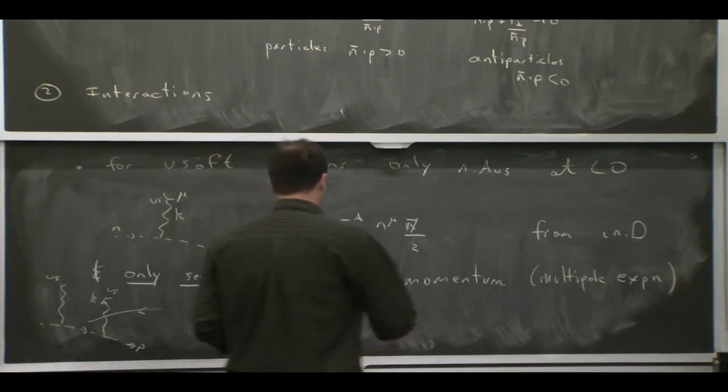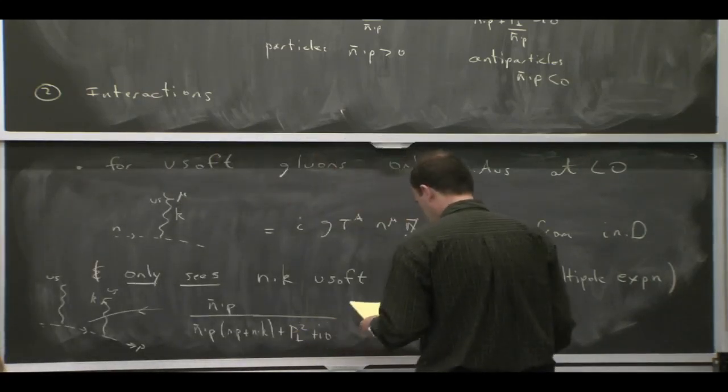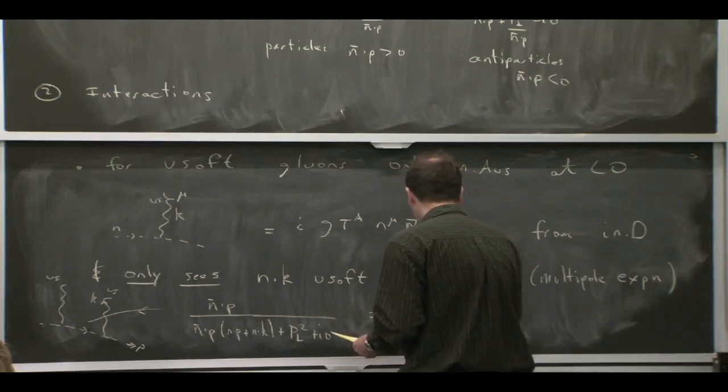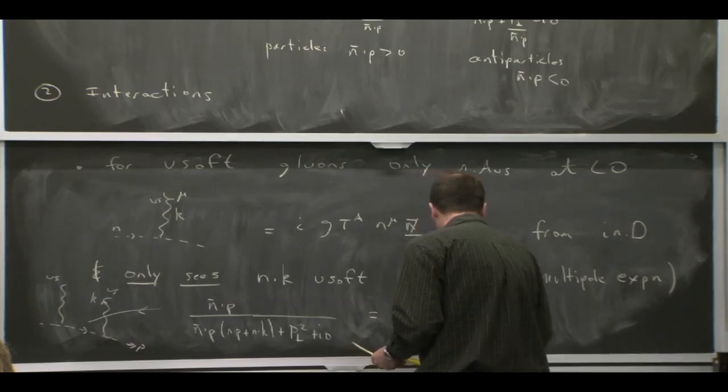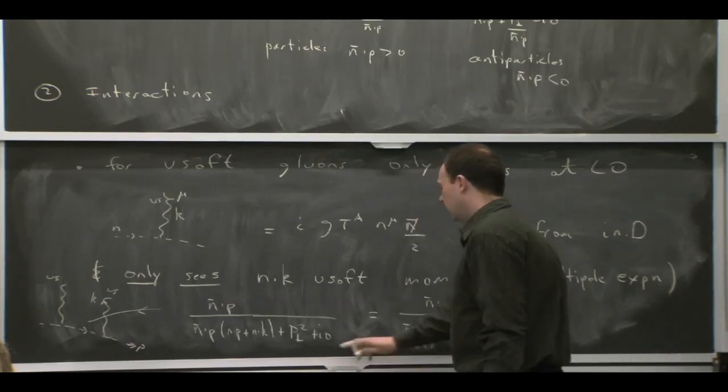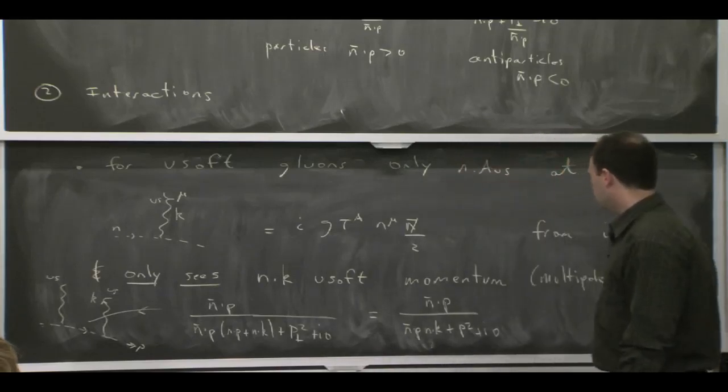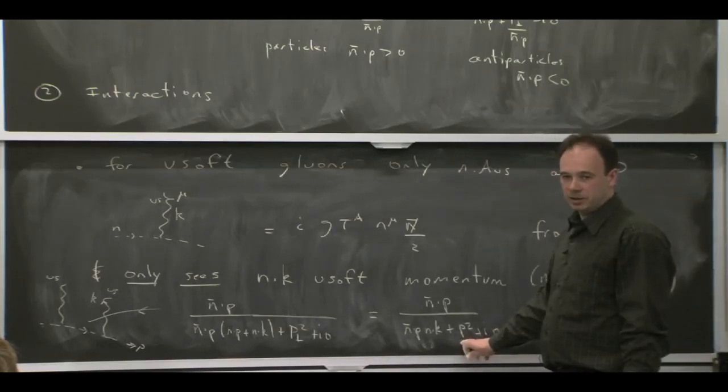And if we work on shell, where p squared is 0, so let me first rewrite this so that you can see where I'm going. I can form a full p squared in the denominator from the terms that depend on p. That's just the full p squared of the particle.